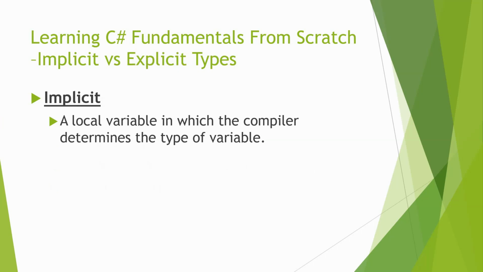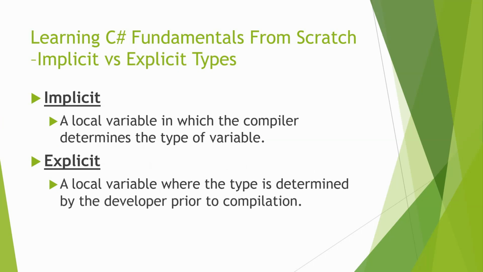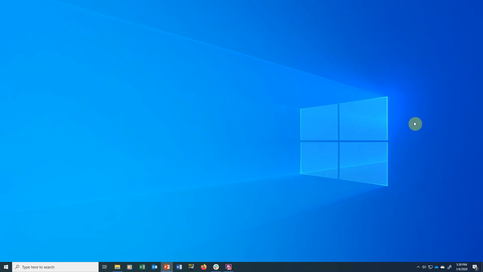And an explicit type of variable is a local variable where the type is determined by you, the developer, prior to compiling the code. Okay, so that's a mouthful, obviously. So let's go ahead and see what that all means.